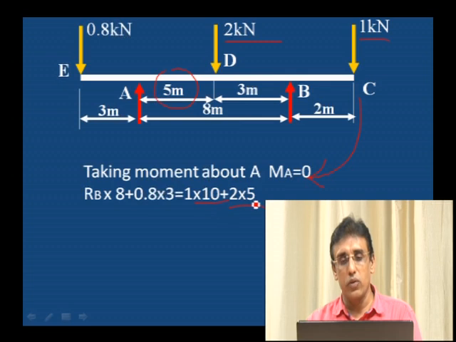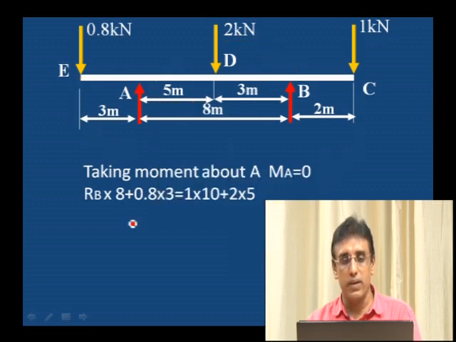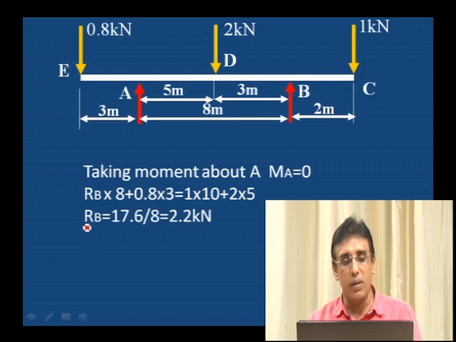These two loads will have a clockwise moment, and the 0.8 kilonewton is anti-clockwise, and this RB is also anti-clockwise. That is why clockwise moment is equal to anti-clockwise moment. That is the equilibrium condition we are using. Once you take the moment, you can easily simplify. RB is equal to 2.2 kilonewton.